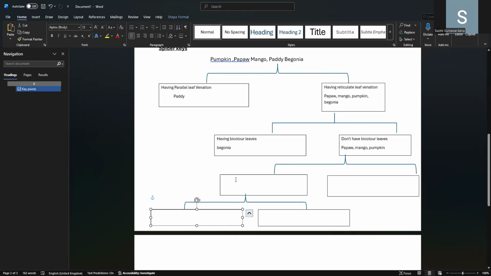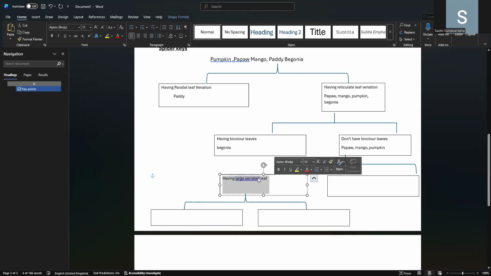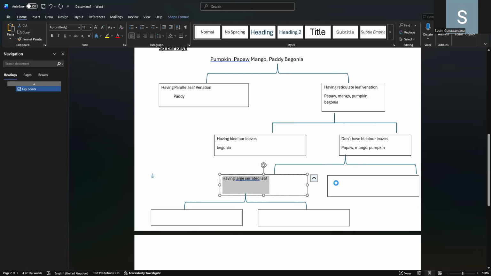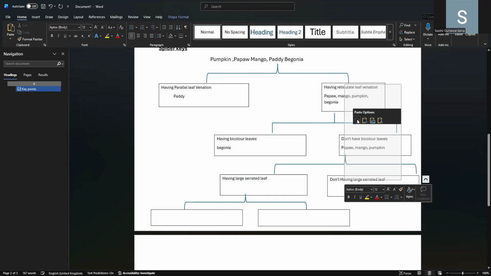I will take having large serrated leaves, and the other one as don't have large serrated leaves.